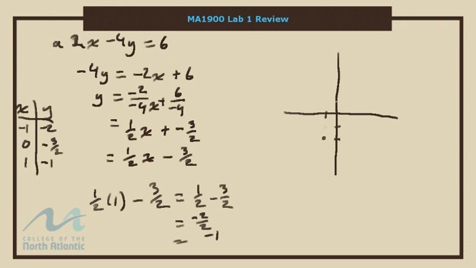And 1, minus 1. And then my other value is going to be roughly 1.5 here. And I just draw the best line I can through them. That's the graph for 16A.